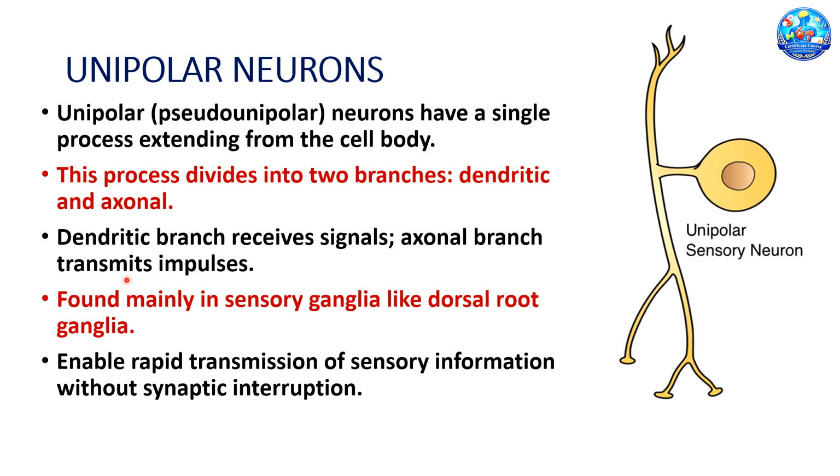True unipolar neurons are extremely rare in vertebrates, while these are very commonly observed in invertebrates. In humans, the pseudo-unipolar neurons are primarily found in sensory ganglia, such as the dorsal root ganglia of spinal nerves.